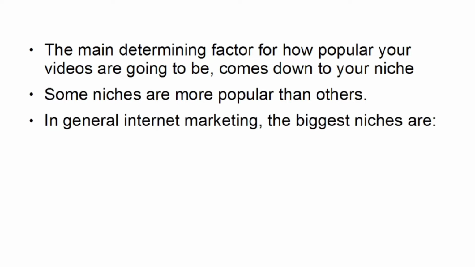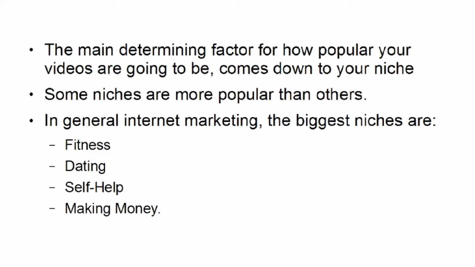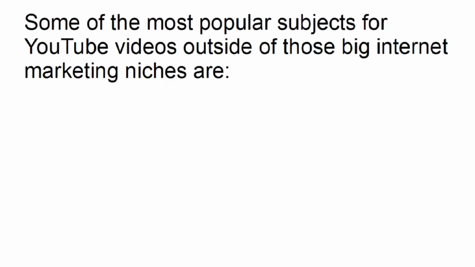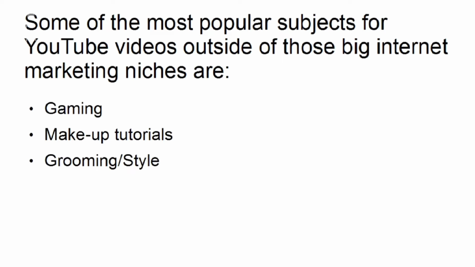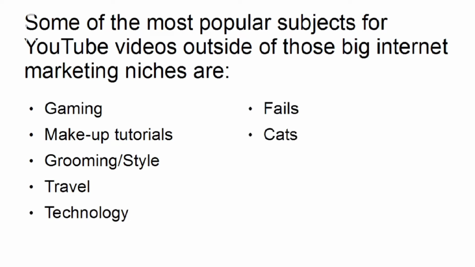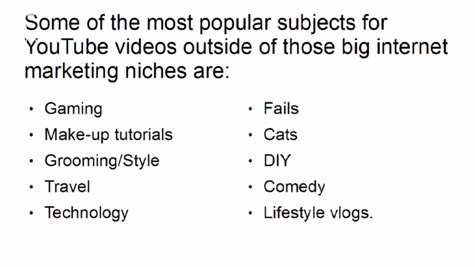In general internet marketing, the biggest niches are fitness, dating, self-help, and making money. But some of the most popular subjects for YouTube videos outside of those big internet marketing niches are gaming, makeup tutorials, grooming and style, travel, technology, fails, cats, DIY, comedy, and lifestyle vlogs.